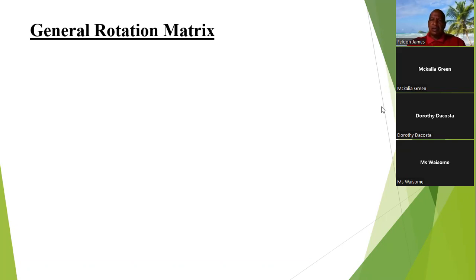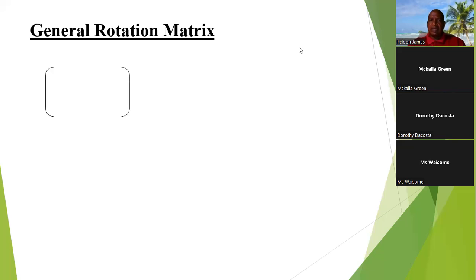Now, in order to rotate any other angle apart from those angles, we don't really have any specific rotation matrices. But what we do have is a general rotation matrix for any other angles.